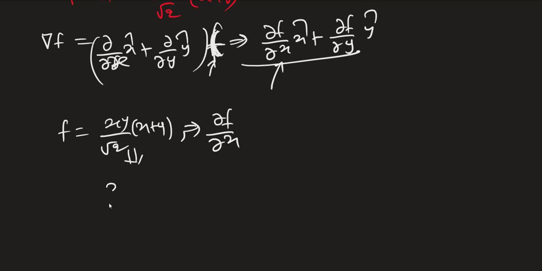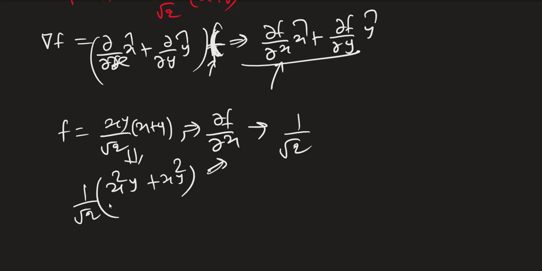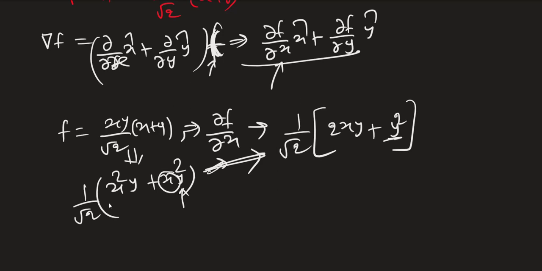So we can also write it as x square y by root 2 under root x square y plus x y square. Now when we calculate del f by del x keeping y constant, we will have 1 by root 2 into 2xy plus y square. We keep y constant, so y square will be constant and differentiation of x will be 1. Similarly here, differentiation of x square will be 2x, keeping y constant.